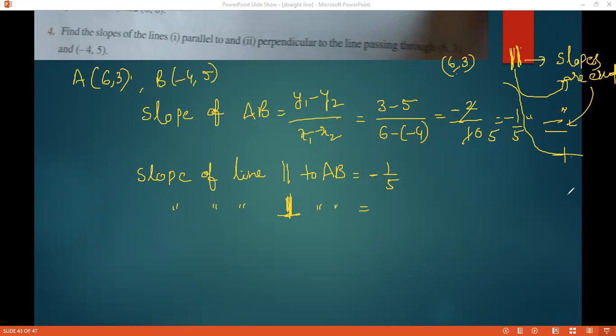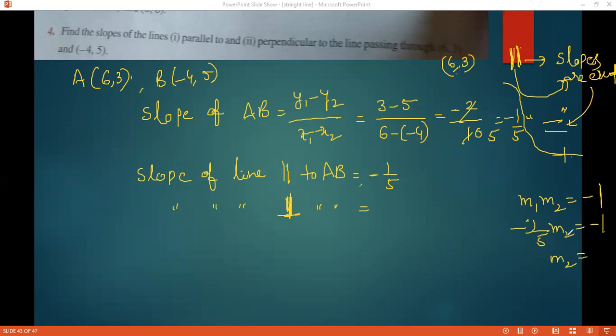I said the product of slopes is minus 1. So here we got one line's slope. One slope is minus 1 upon 5 into m2 is equal to minus 1. So we can get the other slope very easily, because the two lines are perpendicular.